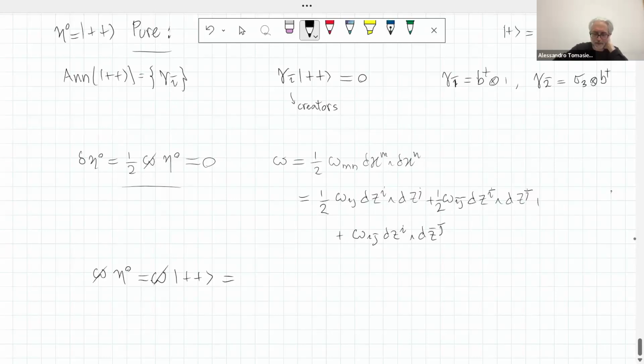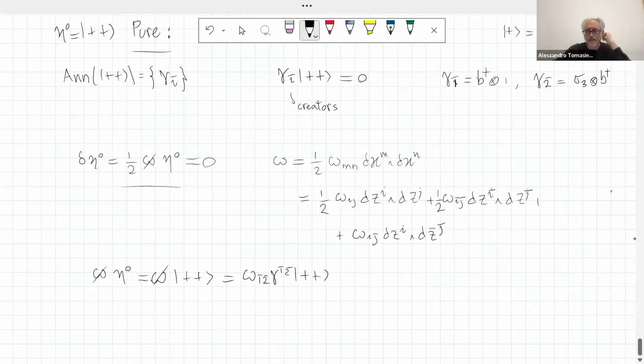So in particular, this omega 1, 2 would not be 0. It is here, sorry, slightly wrong.